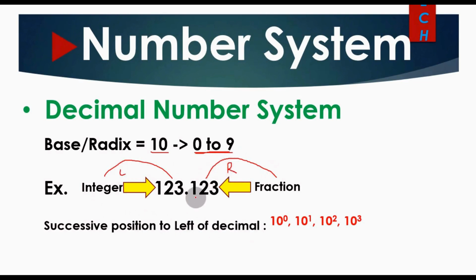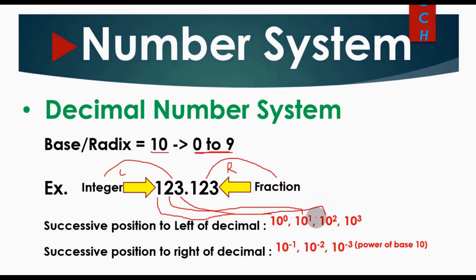The successive positions to the left of the decimal point are given by 10 to the power 0, then 10 to the power 1, then 10 to the power 2, and then 10 to the power 3. And the successive positions to the right of the decimal point are given by 10 to the power minus 1, 10 to the power minus 2, and 10 to the power minus 3.